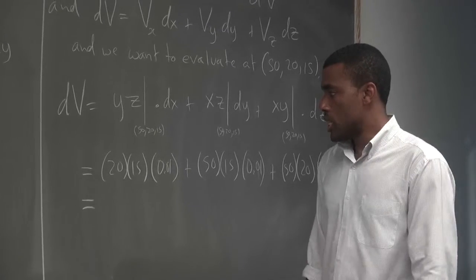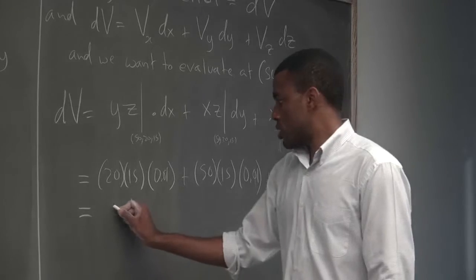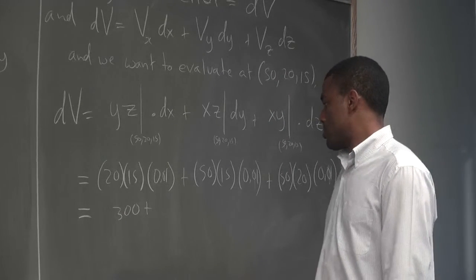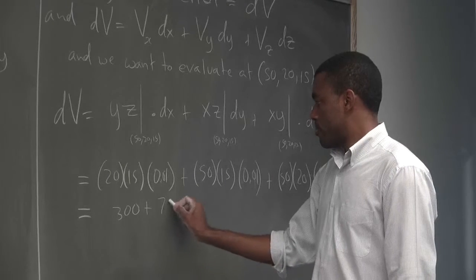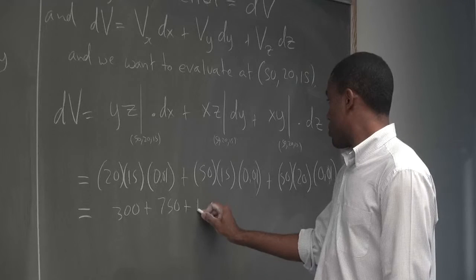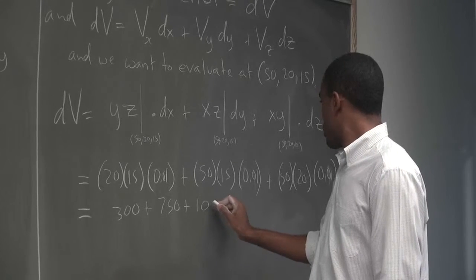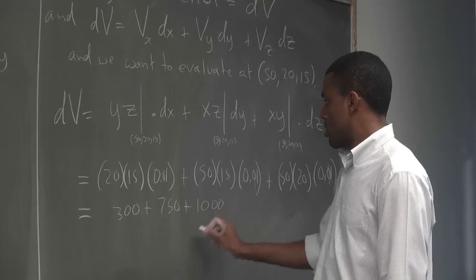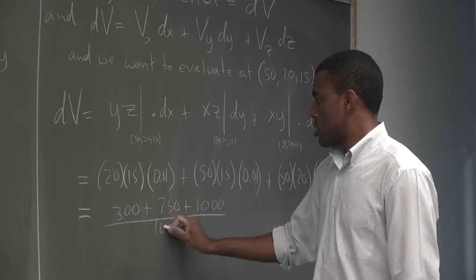Twenty times 15? 300. So this is 300 plus 50 times 15? 750. 750 plus 100. You forgot to multiply.